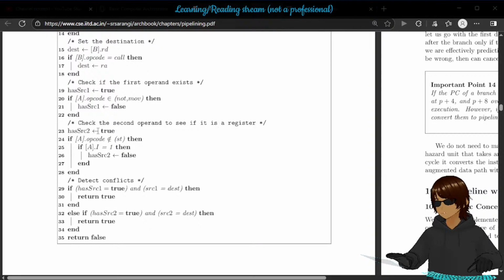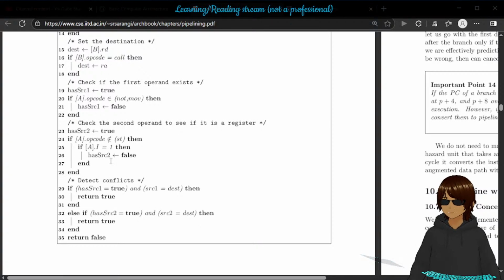Has source 2 is true, if it's not a store instruction and the I bit is 1, then has source 2 is false. So if it's using an immediate instead of a register, then the second source is a number, right? It's not a register.